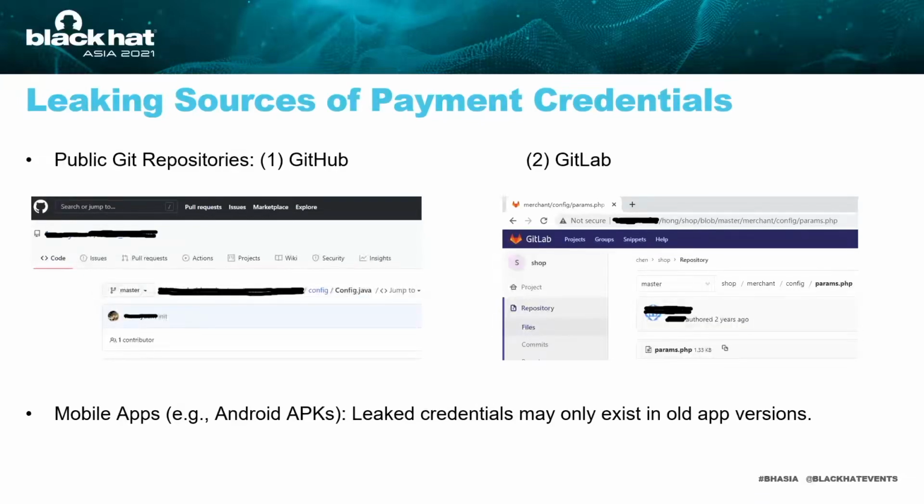Also, in our preliminary study, we find some credentials already exist in old mobile app versions, meaning these app developers have tried to hide the leak issue by pushing new versions of mobile apps. However, the leaked credentials are still valid and can be uncovered by the attacker.